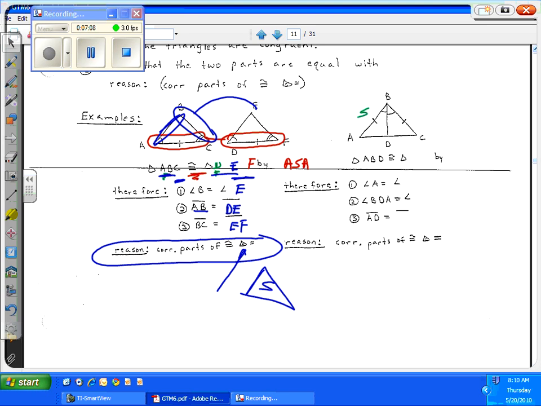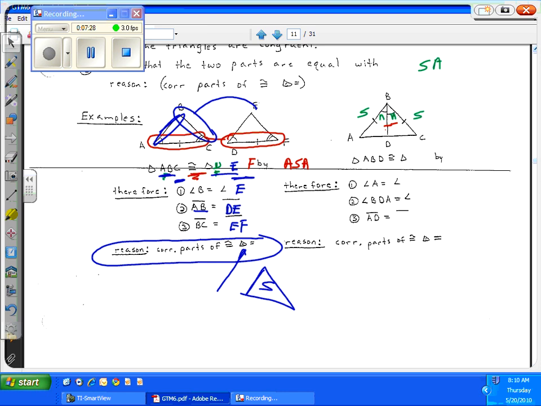Now, all we have is a side of one equals a side of another, and an angle of one is equal to an angle of another. We've got a side and an angle, so that either needs to turn into side angle side or angle side angle.